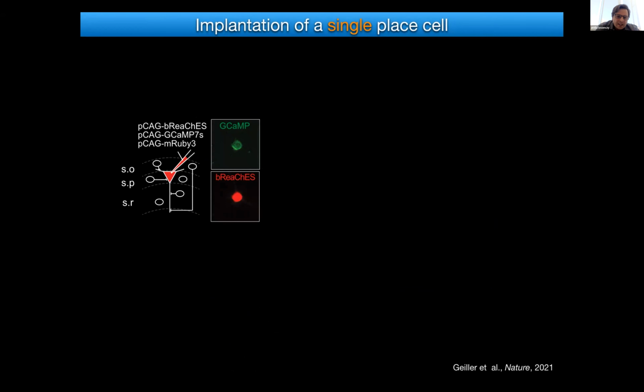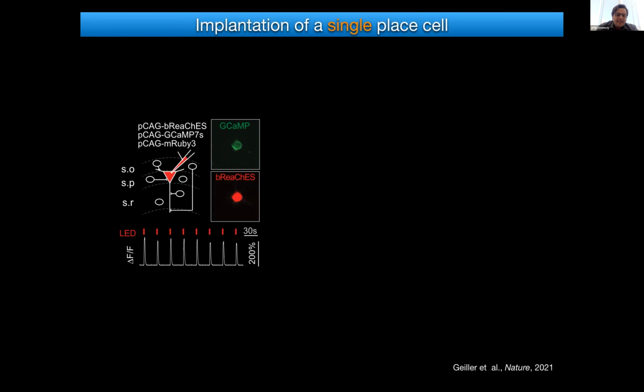So to test this, Tristan developed an optogenetic approach to implant individual place cells at control locations by electroporating, as you can see here, a single cell with a redshifted excitatory opsin and a calcium indicator, and the cell responds reliably to short pulses of photostimulation.